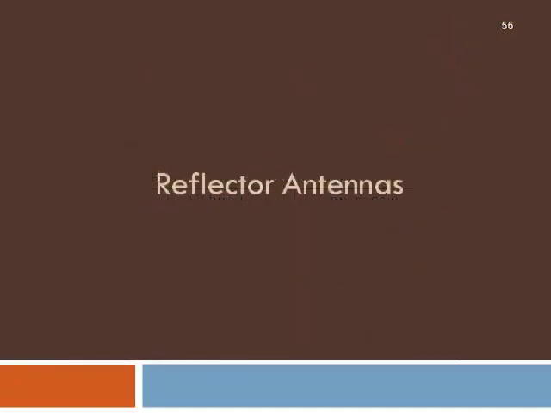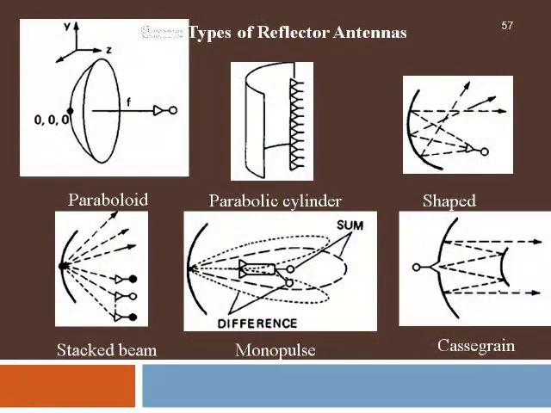Let us see what are the plus and minus points of the reflector antennas to be used in radars. The different types of reflector antennas used are shown here. The types are the paraboloid antenna, the parabolic cylinder, the shaped parabolic antenna, and a stacked beam antenna wherein different feeds are stacked before the parabolic reflector to have different beam directions.